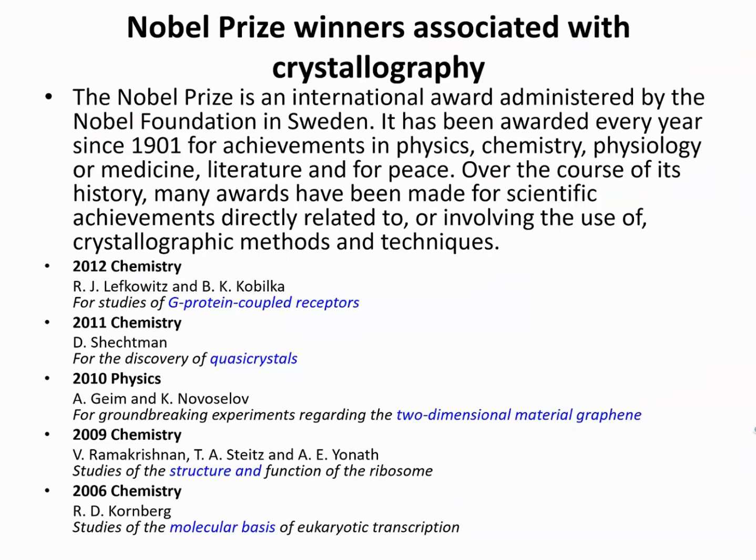So, if I'm not mistaken, there are more than 18 Nobel Prize awards related to crystallography. Okay, in 2012 for the study of G protein coupled receptor. 2011 quasicrystal. I have mentioned it in the symmetry chapter.